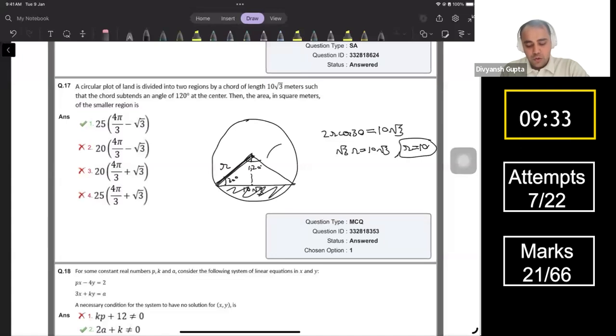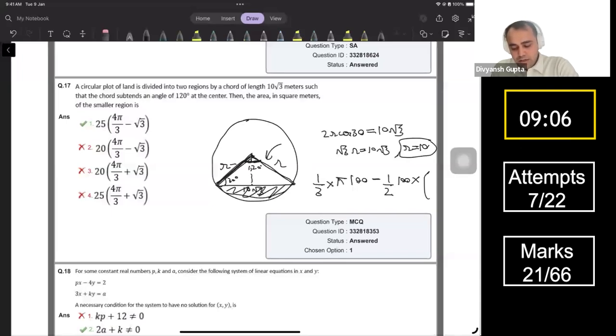So this will be the area of the overall sector minus that of the triangle. The area of the sector will be 1/3 of pi r square, that is 100, minus the area of the triangle. This will be half r into r, that is r square, 100, into sine 120, which will be root 3 by 2.